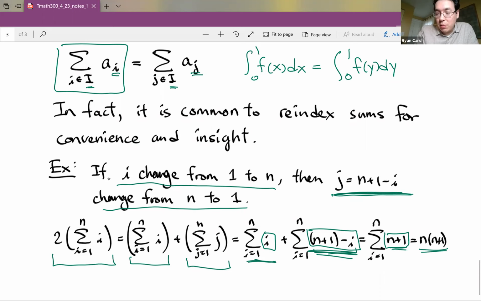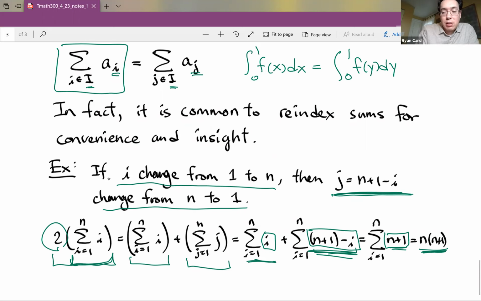Now you might have noticed that this computation is equivalent to the summation formula that we proved earlier. The summation from 1 through n is exactly this expression divided by 2. So if you divide by 2 over here, we get the formula we had last time. In the last video, we just kind of pulled this formula out of nowhere.